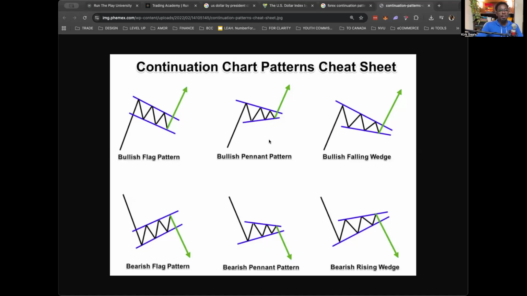For the bullish pennant, the purple lines started big, but then they start to taper down. Kind of like, if you have watched any movies and you see these students at college, they have these triangle shaped flags, right? They're called pennants, but that's the kind of shape that we're seeing here.